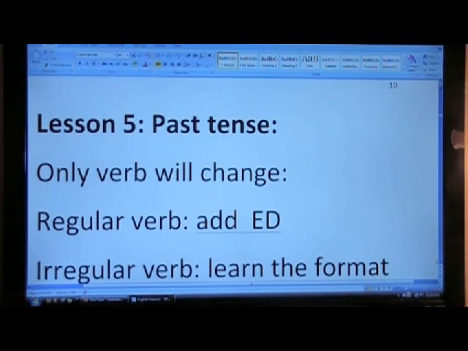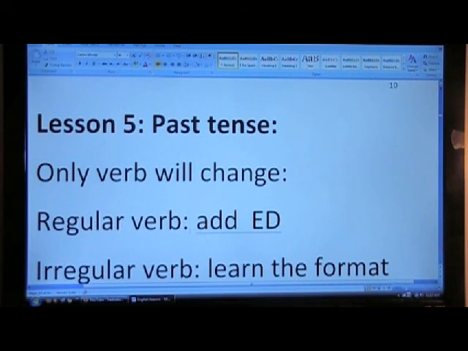Lesson 5. Past tense. Something that happened in the past, like yesterday, 2 days ago, last week. For past tense, only our verb will change. We have two kinds of verbs.